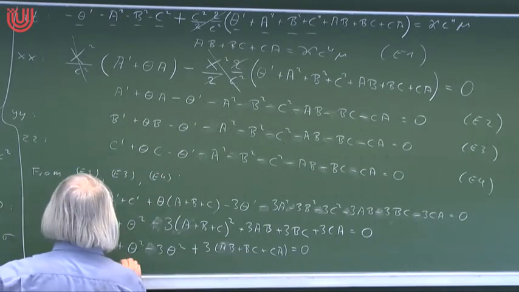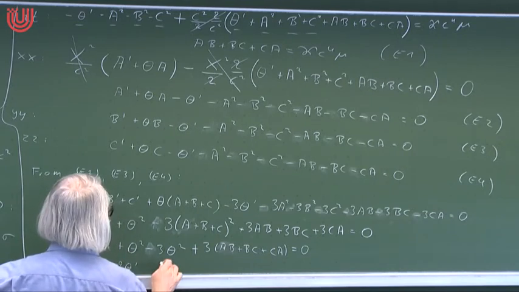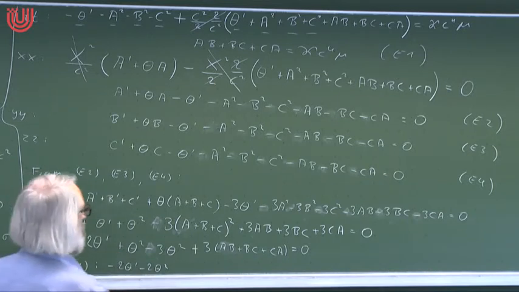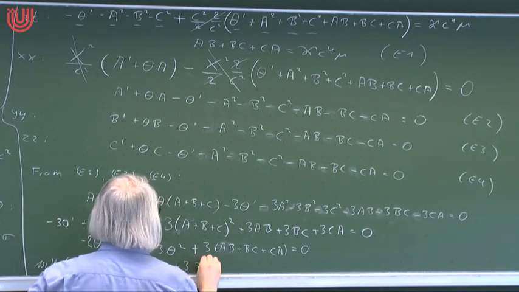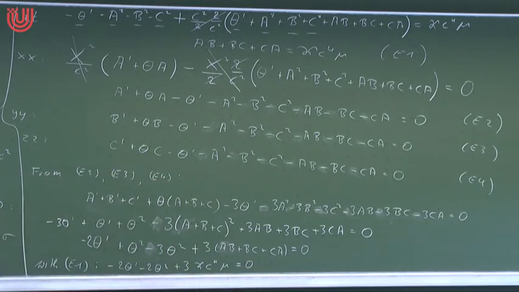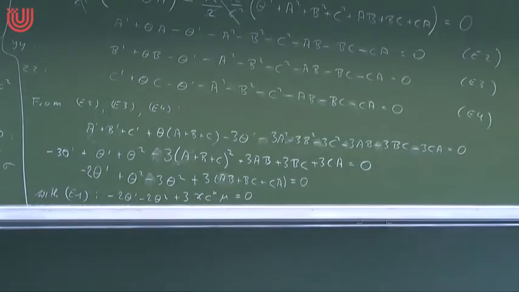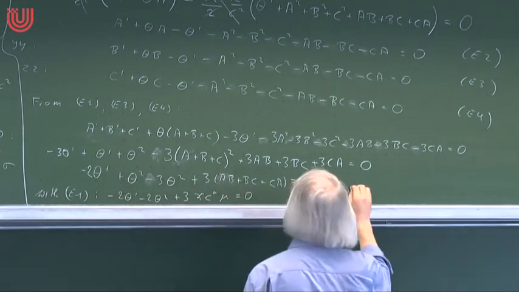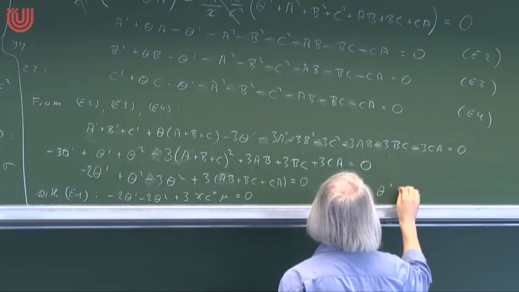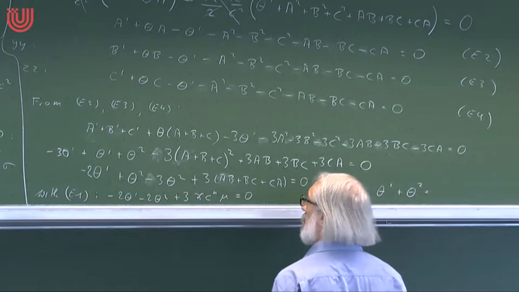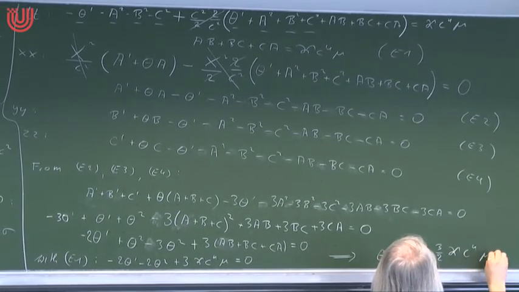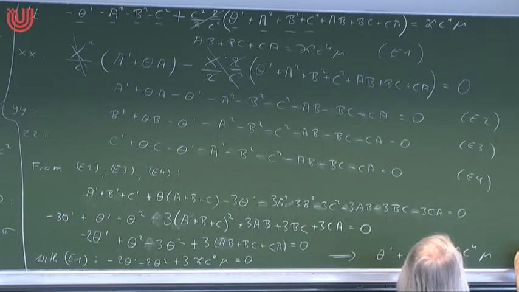So I have minus 2 theta prime, minus 2 theta squared, minus 3 plus 1, plus 3 times kappa c to the 4 mu is 0. That looks good. So if I divide by minus 2, I have theta prime plus theta squared is 3/2 kappa c to the 4 mu. Let's call this E5.